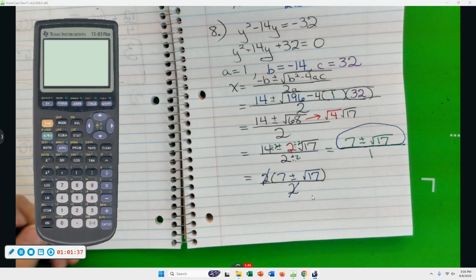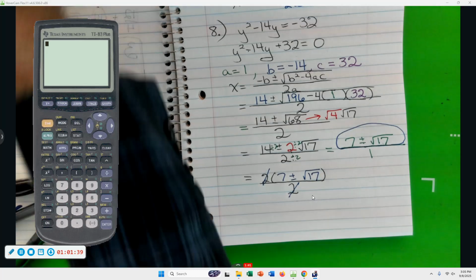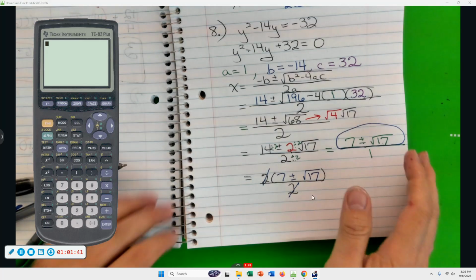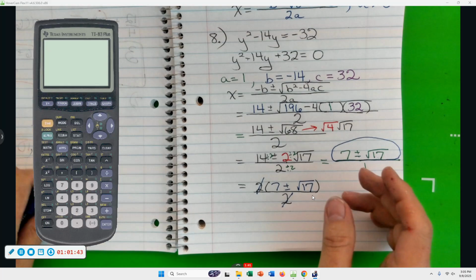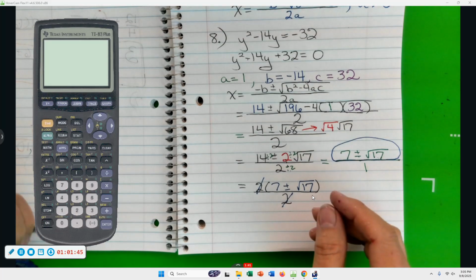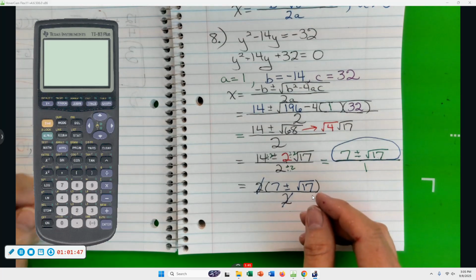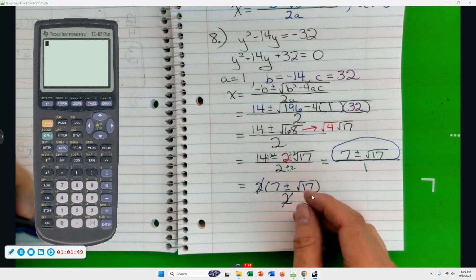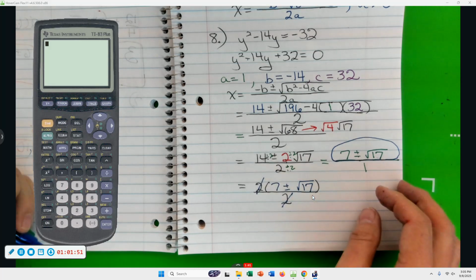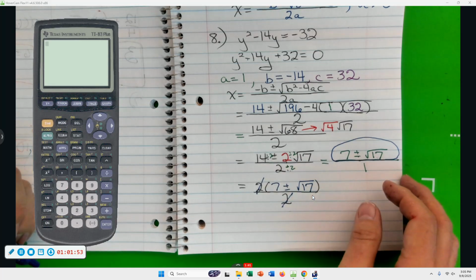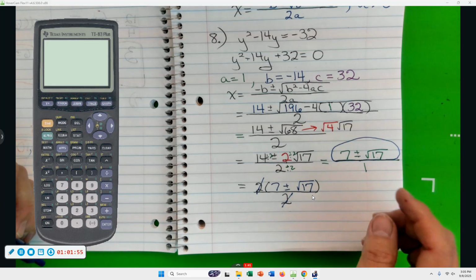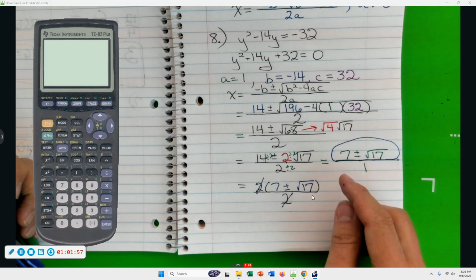Repeat the question. Well, what you're saying is that 68 is going to 4 and 17. We're reducing that square root of 68 the way we did on day 1. Look at the list of perfect squares. 4 is the only one that divides evenly into 68.